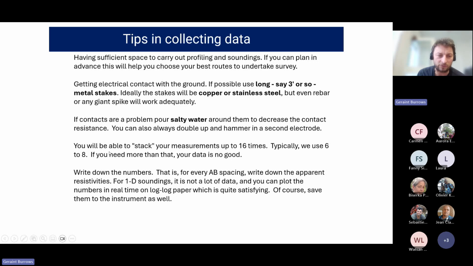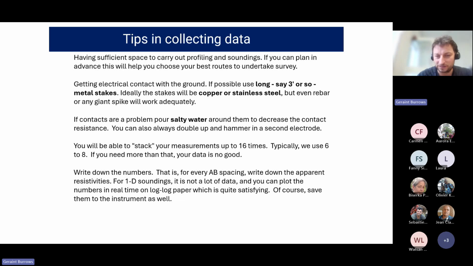With the terameter equipment, you stack measurements, i.e. you'd ask the terameter to take up to 16 consecutive measurements of that same electrode spacing. Now, that's called stacking. So it takes many measurements, and then it makes sure that the measurements are similar.